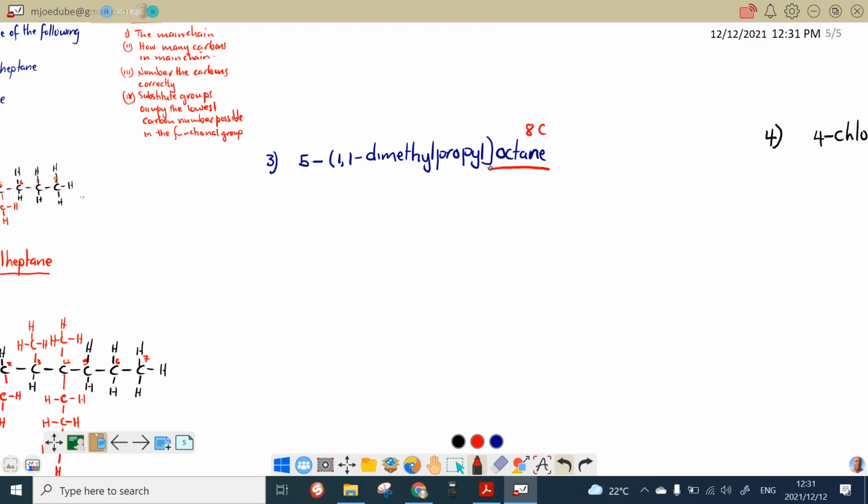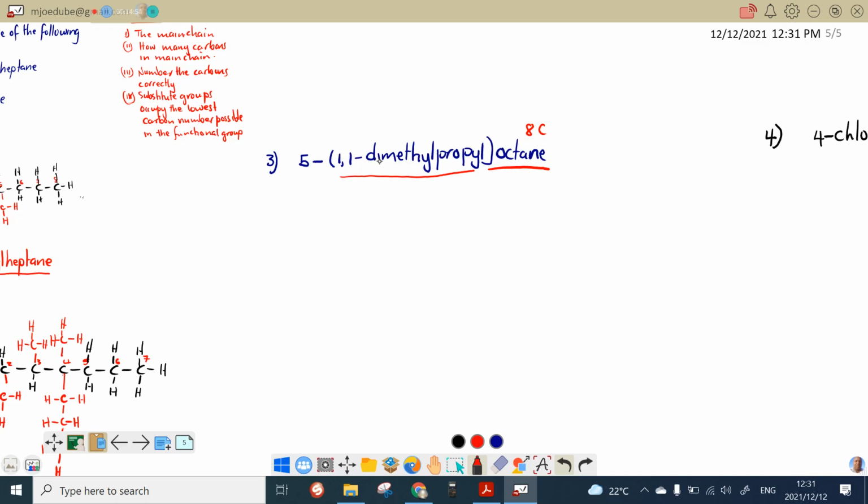So there must be a long chain which has 8 carbons, but on that long chain there is a substitute group which is the dimethyl propyl. So there's the 1,1-dimethyl propyl. So it's dimethyl and a propyl group.